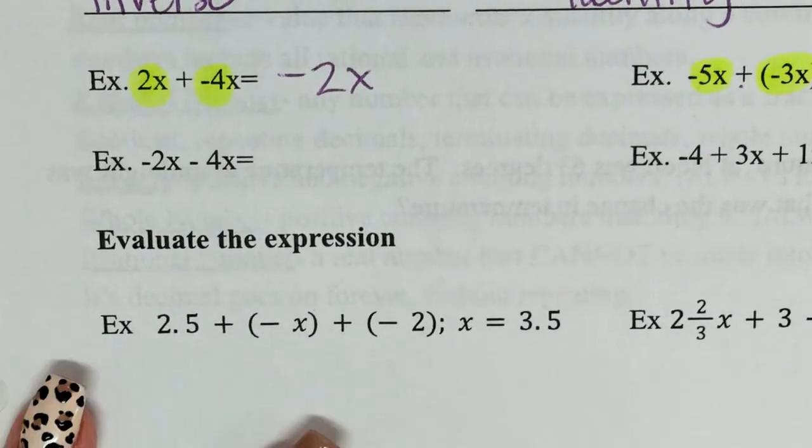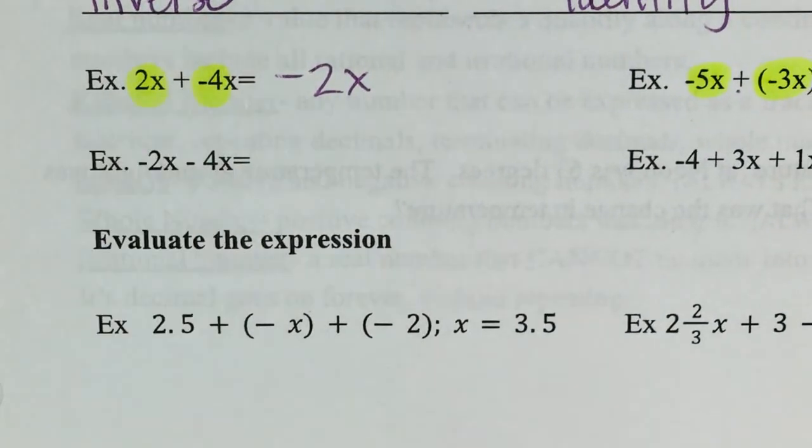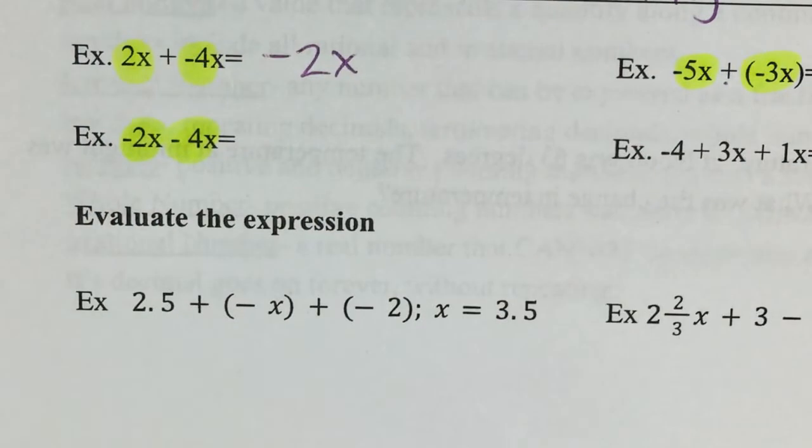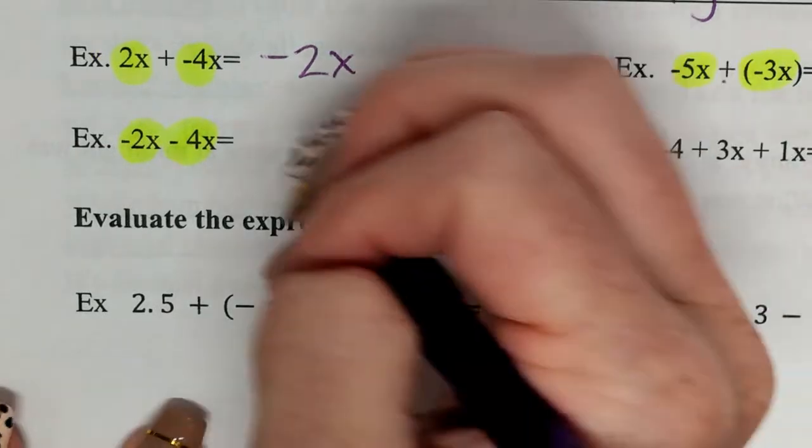The next one. Are these both X's? Yes. Okay. Now, if we're going to do this in our head, what do y'all think we should do with that minus sign? Change. Keep change, right? If you were going to do it in your head, you would keep change, and it would become -2 plus -4, which is -6x.